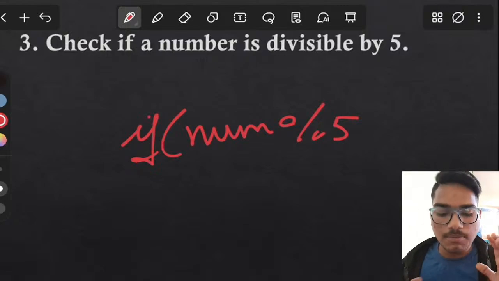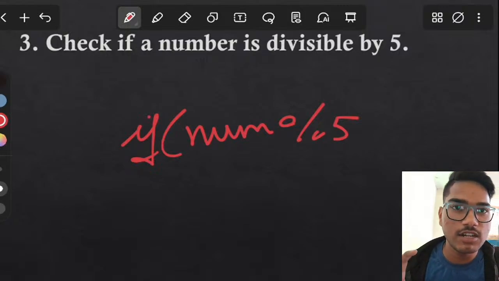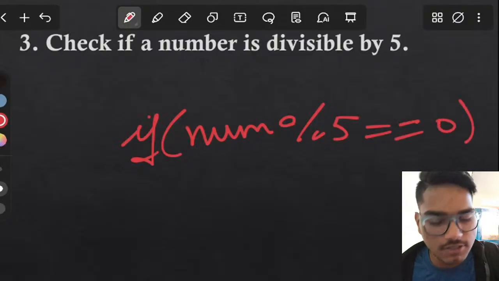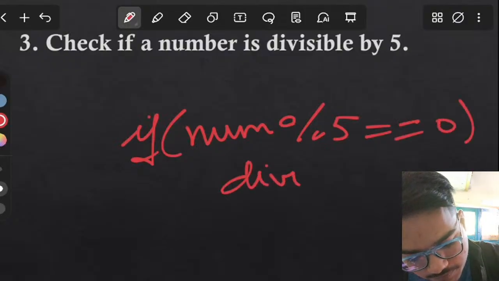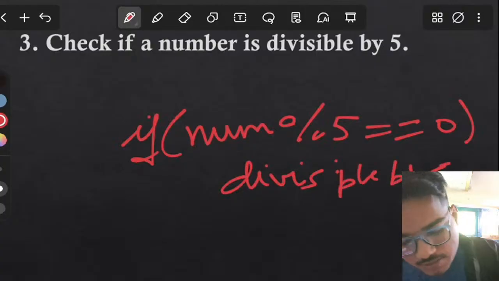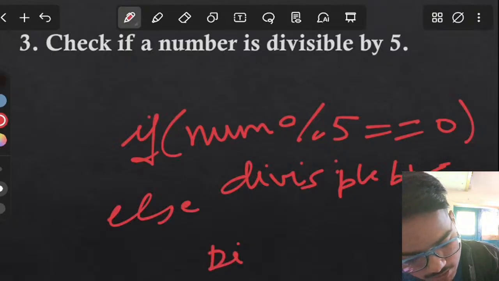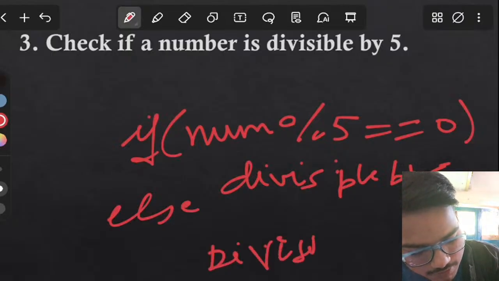If it is completely divisible by 5, it will leave the remainder 0. In this condition we can say the number is divisible by 5, else the number is not divisible.